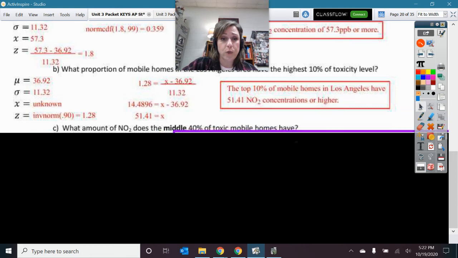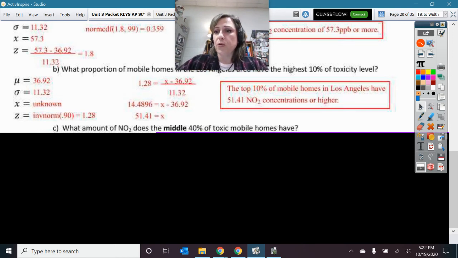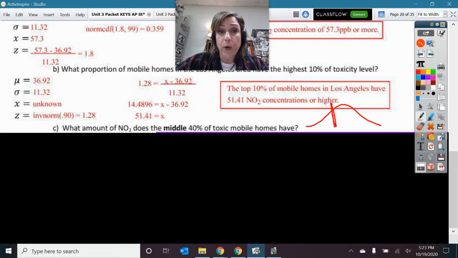Okay. Ooh, look at here. Middle 40%. So you're going to have two numbers resulting from this. Because remember, if we say middle 40%, you're going to have a lower bound and an upper bound with that 40% in the middle. So find your z-score on the left.